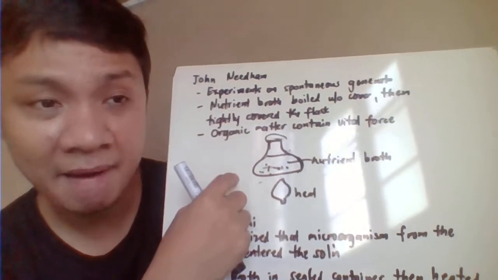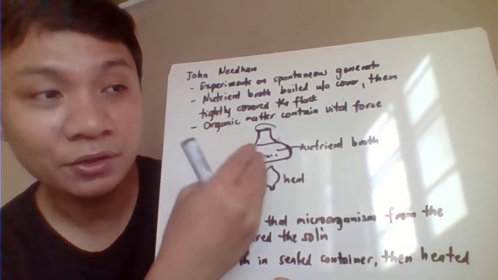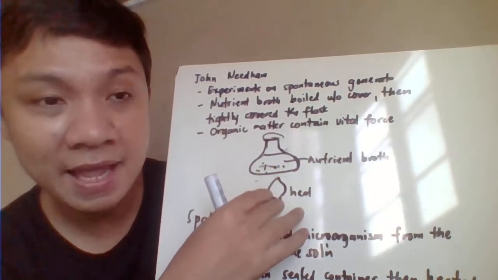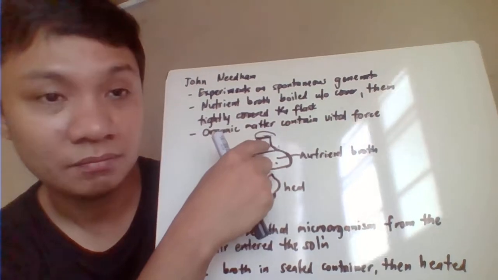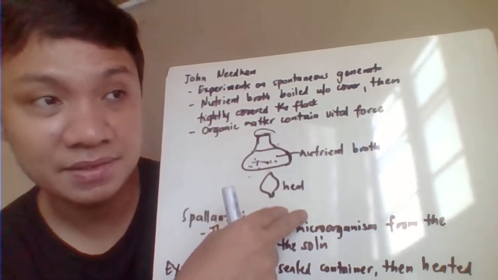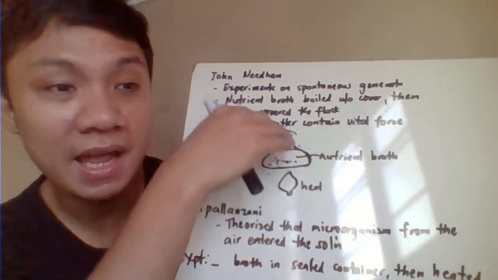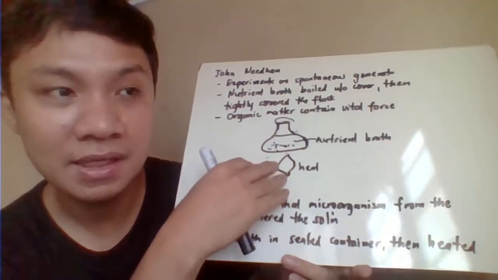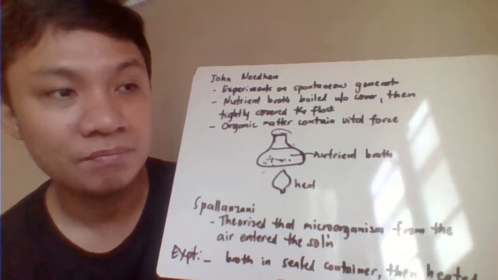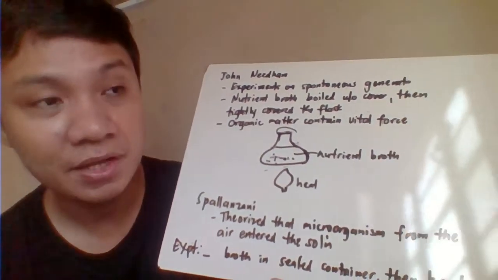Ito kay Needham naman, nagkaroon ng turbidity here because although na-heat niya, pero open pa din kasi ito. Nag-cover lang siya after the heating process. So, from the time na naka-open ito, eventually the air enters this one, and therefore, the microorganisms accumulate. Okay, and then, they try to grow here.